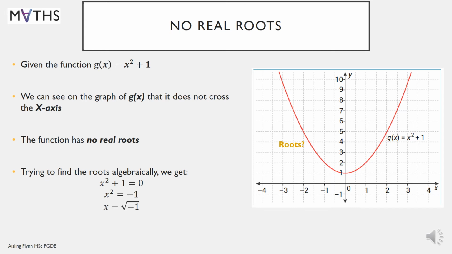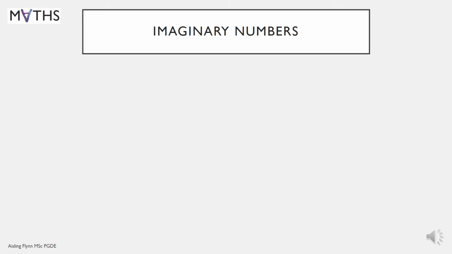The next step would be to get the square root of minus 1. And negative numbers do not have a square root, because if you square anything, it turns out to be positive. So like I said, this posed a mathematical problem.